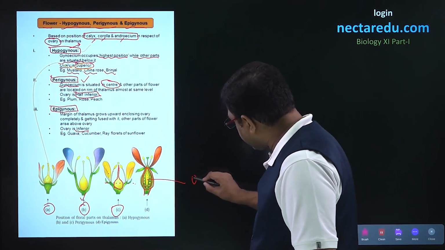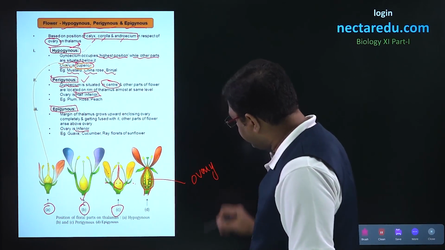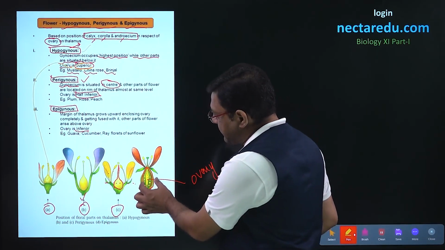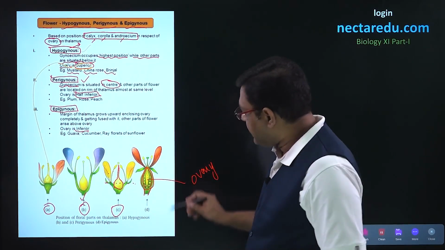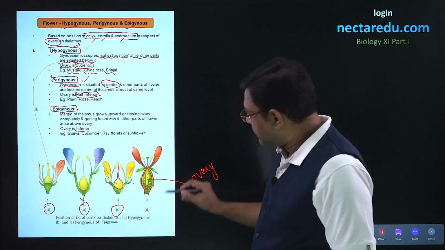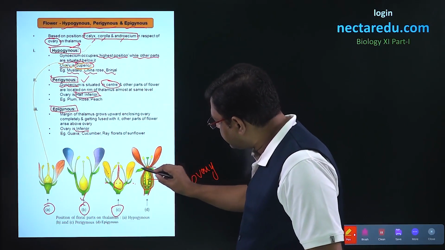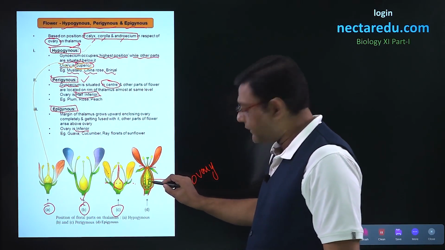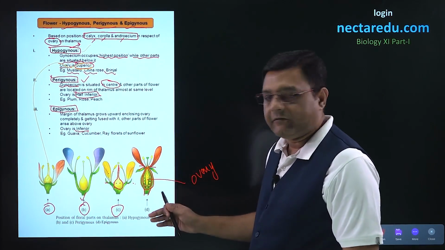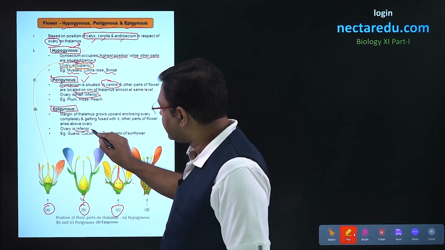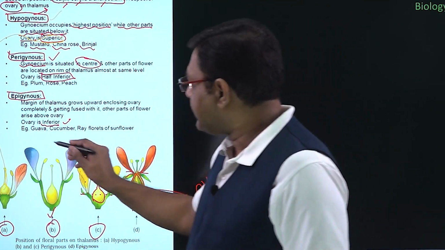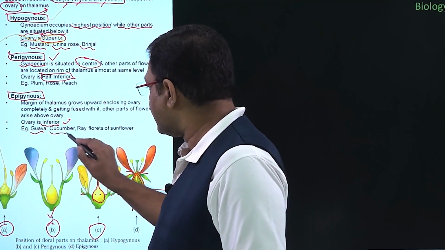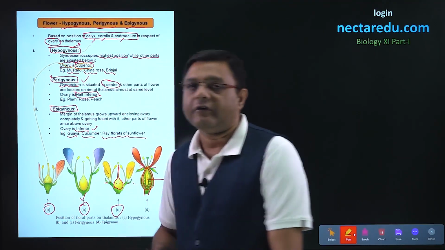So this central part was the ovary, and since this thalamus has grown, it has completely enclosed the ovary, and the remaining three whorls will come out above the ovary. So that means the ovary is below all the three whorls, and that is why we say that the ovary is inferior. Common examples of epigynous condition are guava, cucumber and ray florets of sunflower.